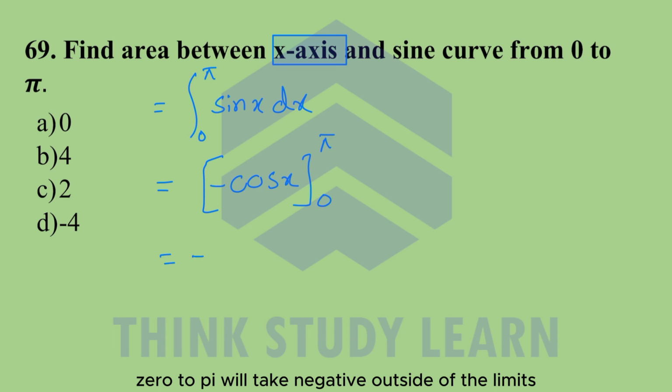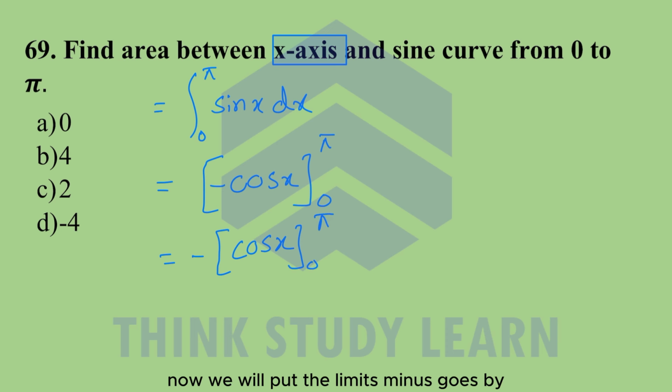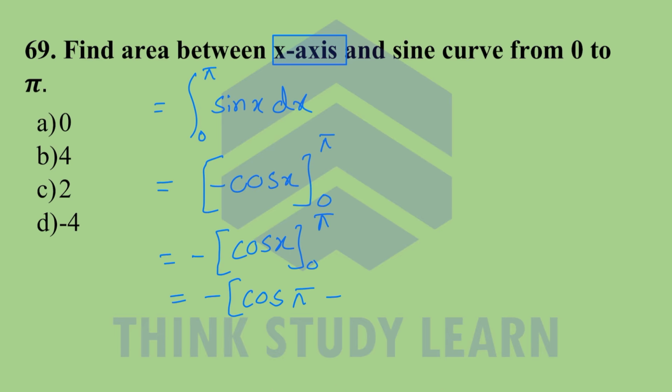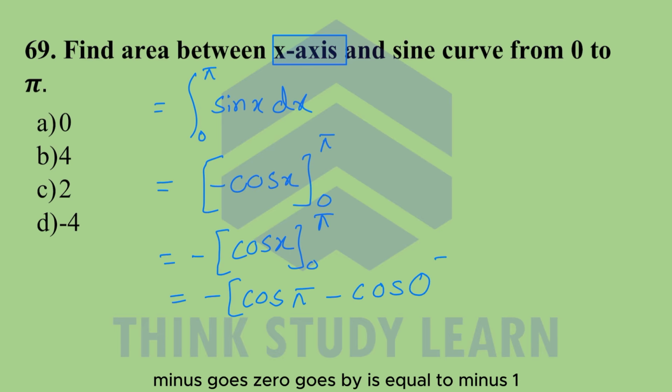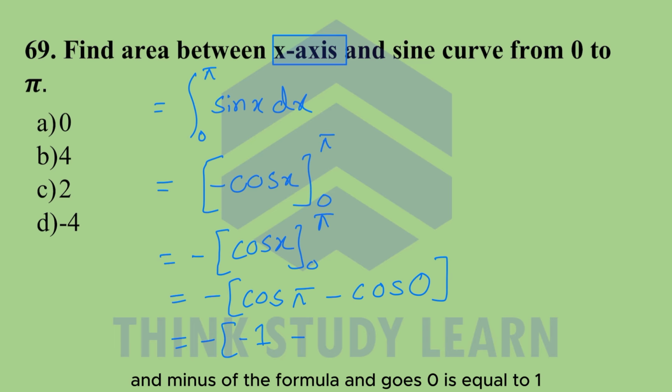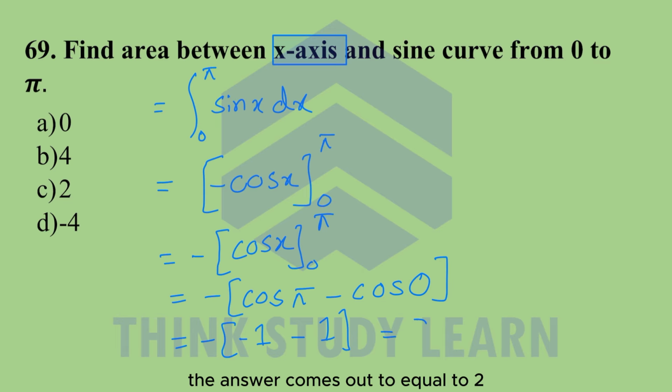We'll take negative outside of the limits. Now we will put the limits minus cos pi minus cos 0. Cos pi is equal to -1 and minus of the formula, and cos 0 is equal to 1. The answer comes out to be equal to 2. C option is the right answer.